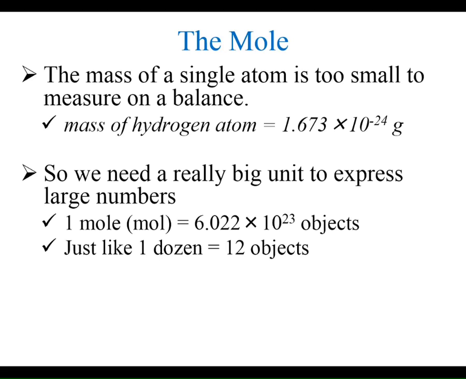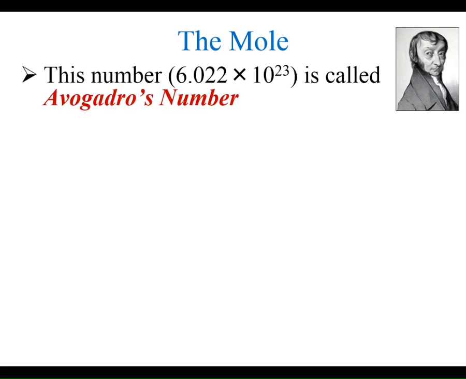The abbreviation for the mole is mol. Saves you one whole letter. Isn't that a great abbreviation? This is a really big number because we need to talk about lots and lots of them, even like a single gram. So that is a very odd number. Why is it that really odd number? Well, that number is called Avogadro's number.